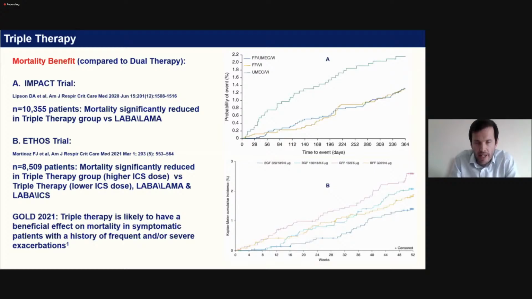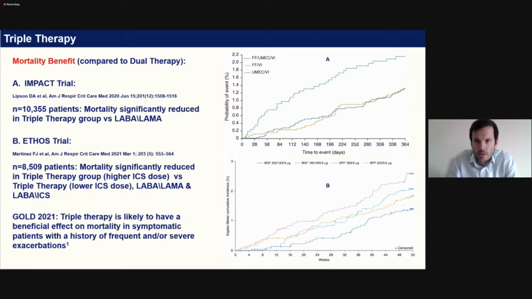Mortality was a pre-specified outcome for the trials, but not a primary endpoint for either study. And as shown on this Kaplan-Meier analysis taken from the IMPACT study, mortality in the triple therapy arm was significantly lower compared with the dual therapy arm. In the ETHOS trial, mortality was significantly lower in the triple therapy group at the higher ICS dose compared to the other treatment groups.